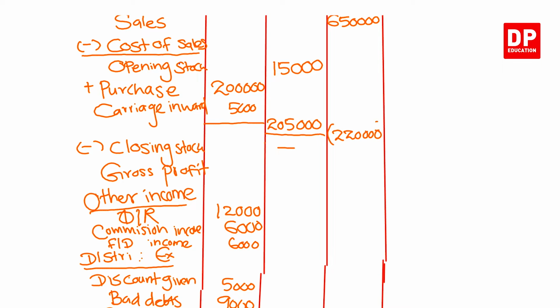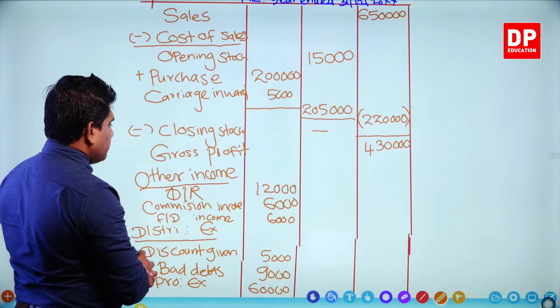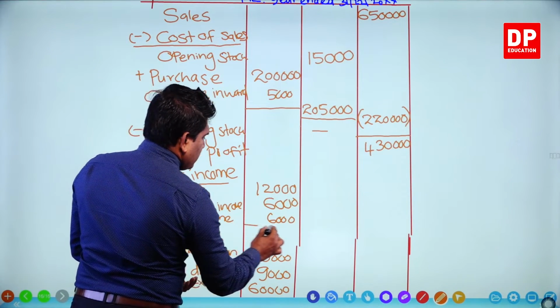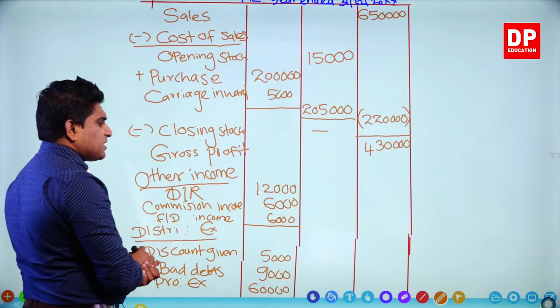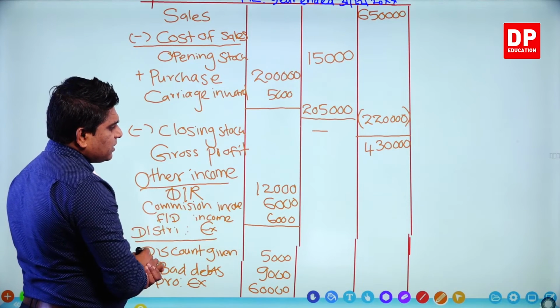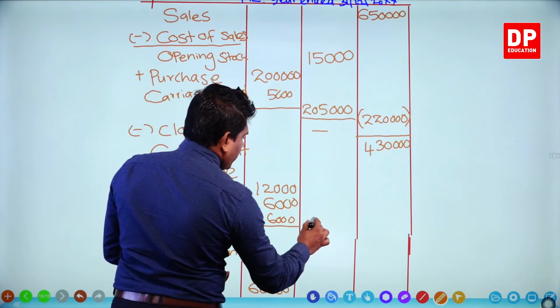On the top, sales income you can see. Down you can see cost of sales. Then you can find the gross profit here: 6 minus 2, 4, so 30,000. Now there are 3 other incomes: 12 plus 6, 18 plus 6, 24, so 24,000.